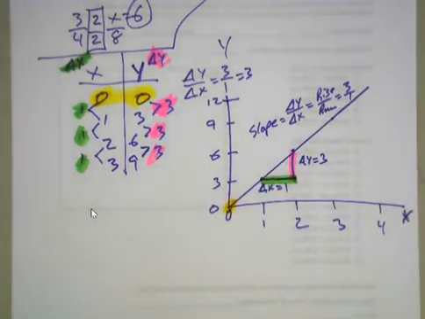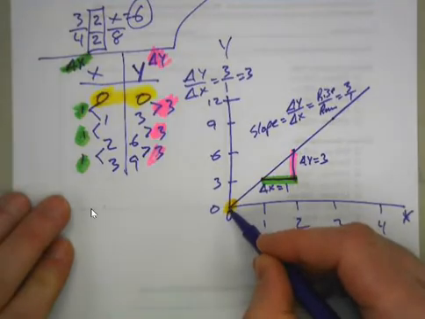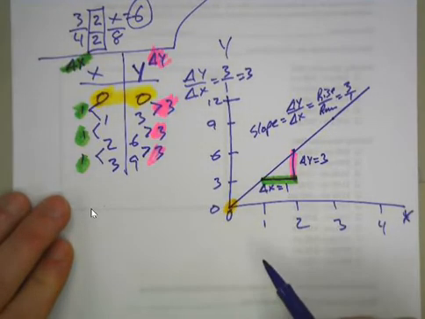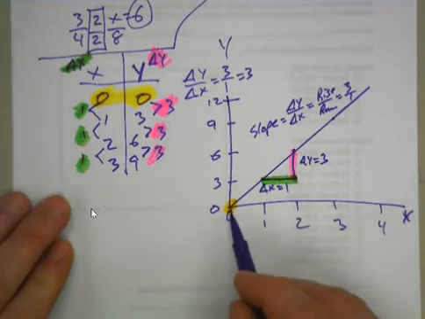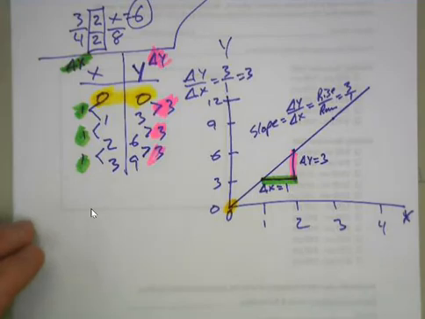In other words, it goes through the origin. So once again, we look at our two conditions. Does it have a constant rate of change? In other words, is it a straight line? Yes, it is. Does it go through the origin? When x is 0, is y 0? Yes, it is. So this relationship, according to our two conditions, is also proportional.